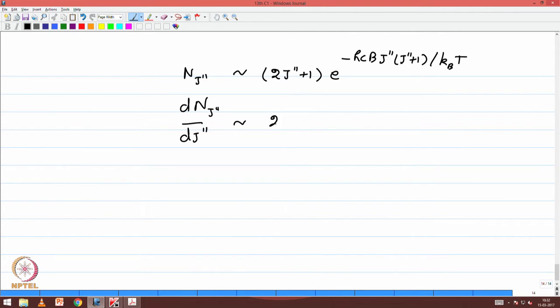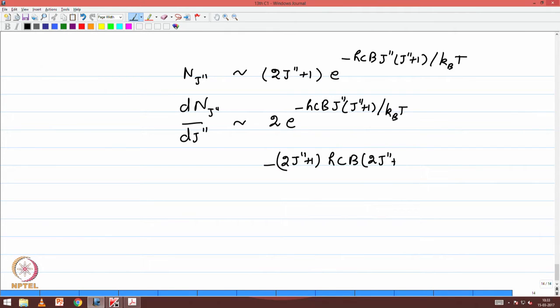Therefore, there are two terms: e to the minus hc B J double prime (J double prime plus 1) by k_B T, and the other is the derivative of this, which gives you minus (2J double prime plus 1) times hc B, and the derivative of that is (2J double prime plus 1) by k_B T times the exponential itself.